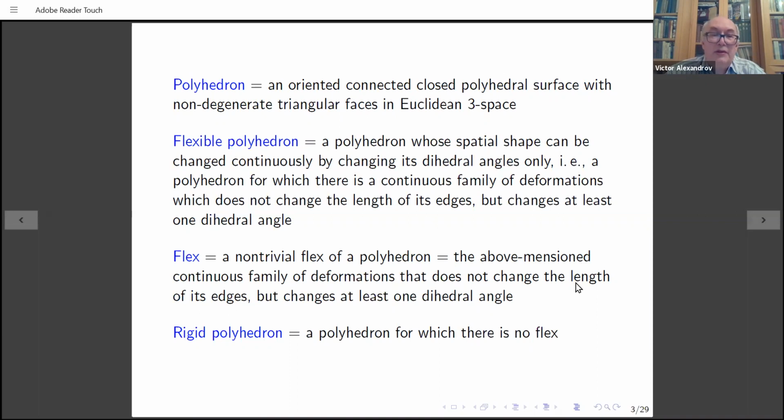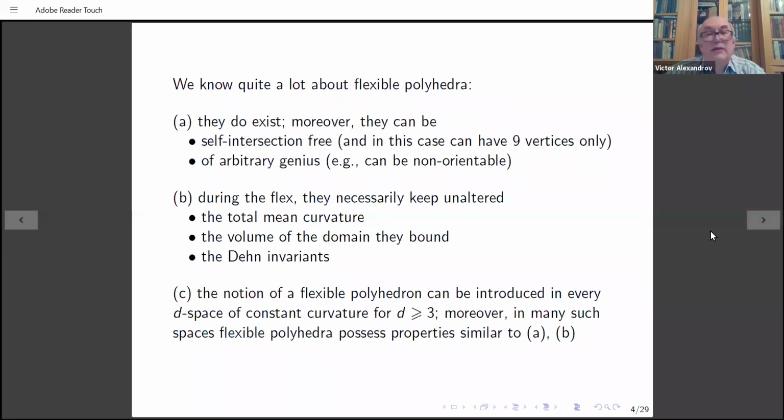So the above mentioned continuous family of deformations that does not change the length of its edges, but changes at least one dihedral angle is a flex. And a polyhedron is rigid if it admits no non-trivial flex. Okay, so these are general and well-known definitions, I guess.